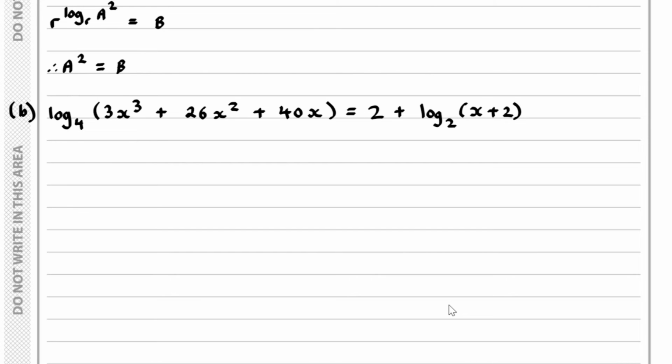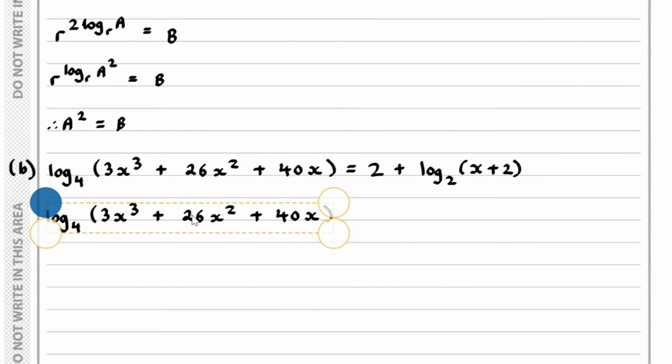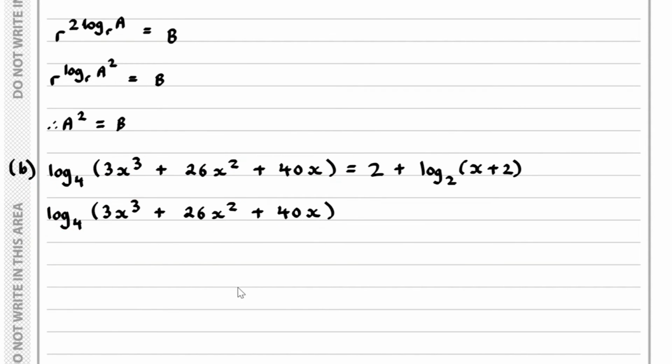Now, before we do anything else, the left-hand side remains the same. However, on the right-hand side, I can rewrite 2 as log base 2 of 4. So 2 is the same as log base 2 of 4. I'm just combining the logs.